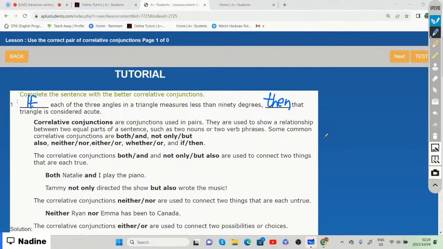So if and then, that is our correlative conjunctions that are used in pairs.